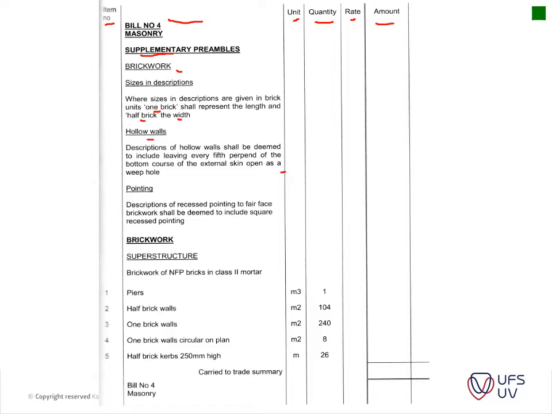Description of recess pointing to fair face brickwork shall be deemed to include square recess pointing. Basically it will not be flush. The contractor should allow an amount for actually cleaning out the joints and making it neat. So it's very contractual talk used in the bills of quantities.